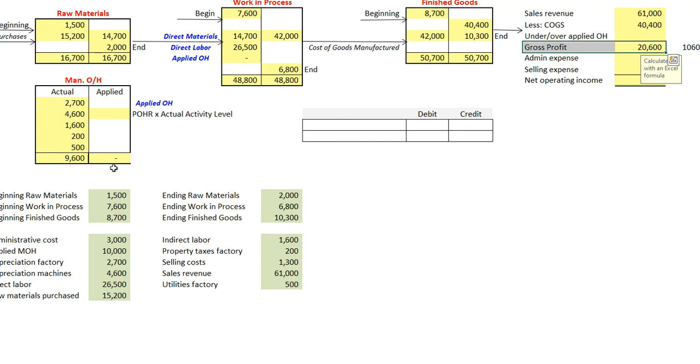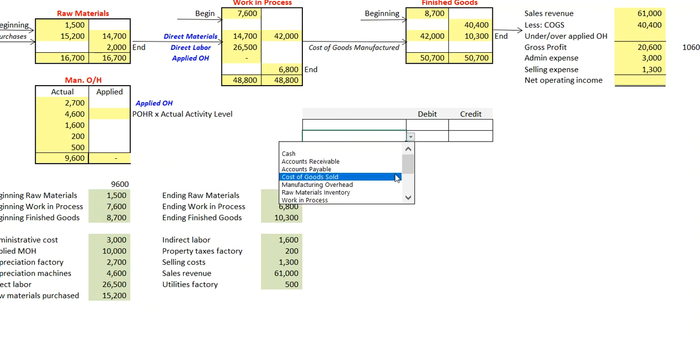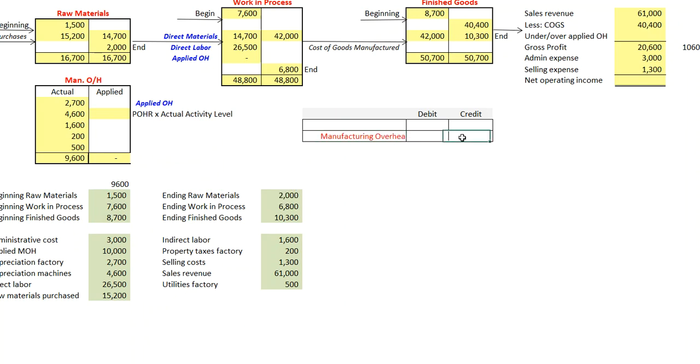So in the event that we did have under-applied manufacturing overhead, in this case we would need a $9,600 credit to manufacturing overhead. So credit to manufacturing overhead, $9,600. And we would, of course, debit cost of goods sold for $9,600.